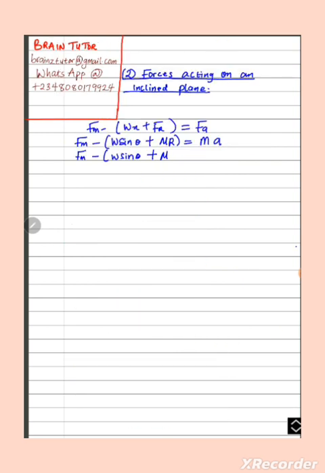So I can impute the value of R to be W cos theta. So everything gives us Ma. If I want to find the moving force itself, the moving force equals Ma plus W sine theta plus mu W cos theta.